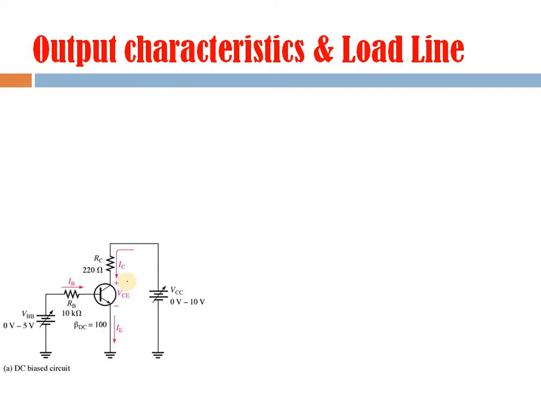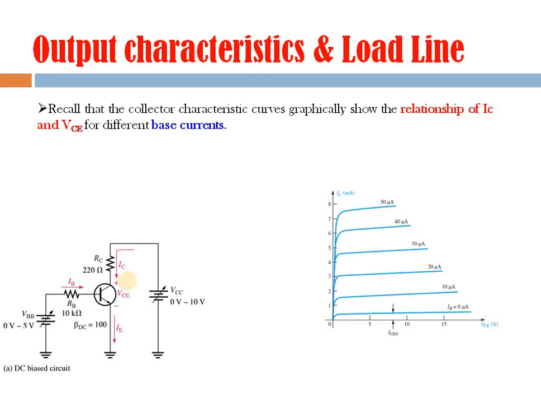And you know that the output characteristics of a BJT in common emitter configuration are something like this. On the x-axis there is the output voltage, collector emitter voltage VCE, and on the y-axis there is collector current IC. These output characteristics show the relationship of IC and VCE for different base currents.